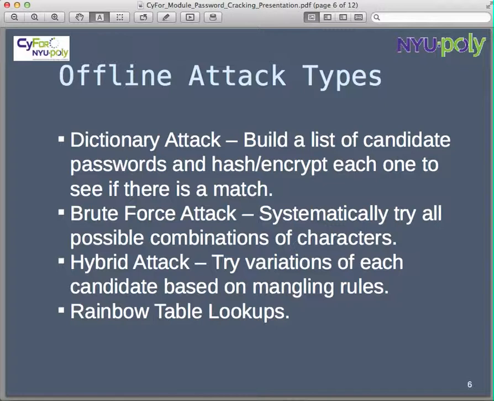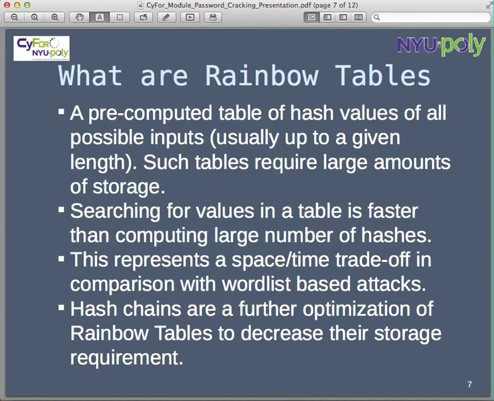And finally, there is also what are known as rainbow table lookups. So what are rainbow tables? Rainbow tables are pre-computed tables of hash values. So instead of computing a hash value at the time of launching or executing an attack, what rainbow tables do is take every possible combination of characters and then pre-compute the hash values and store them in large tables.